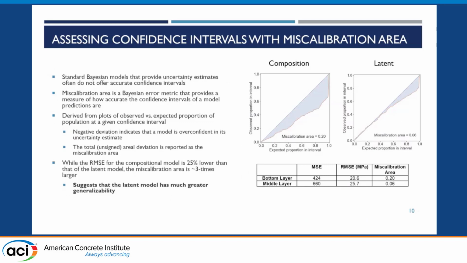But actually, when you look at the uncertainty estimates, which they retrieved through calculating miscalibration area, the authors realized that my composition-based model has a higher miscalibration area compared to the latent-based model, which implies my composition-based model is actually very overconfident in its estimate.